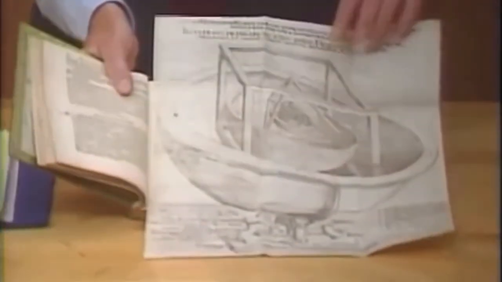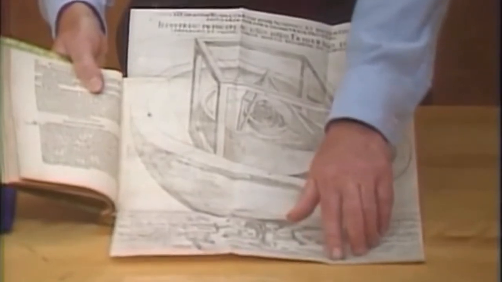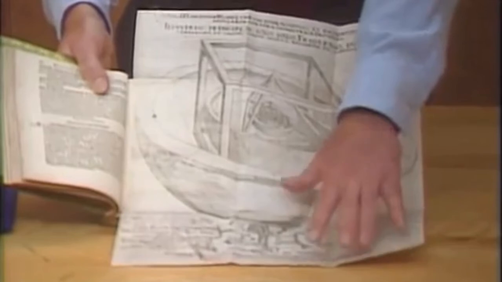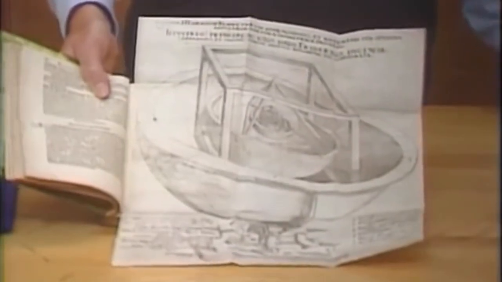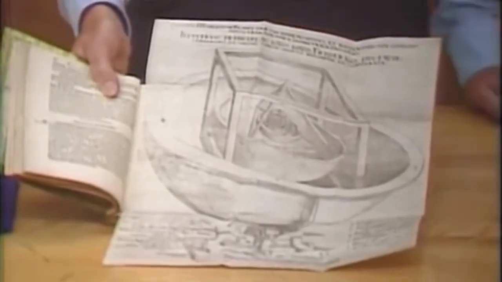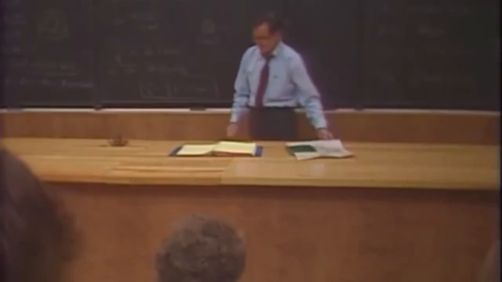And here it is. Incidentally, there's something interesting about this diagram itself. This diagram has a date on it down here, which is 1597, a year later than the publication of the book. What must have happened is that the diagram, the plate, was not ready when the book was published, and so it had to be sent out a year later to be glued into copies of the book.